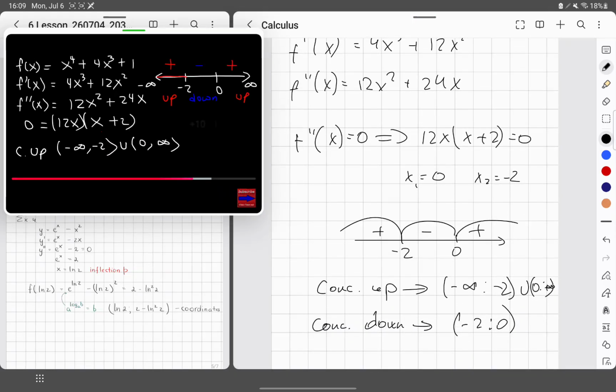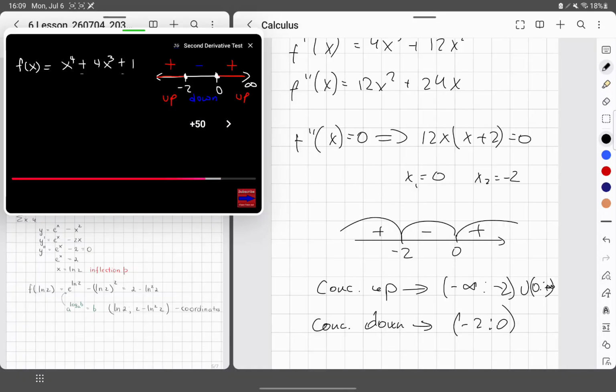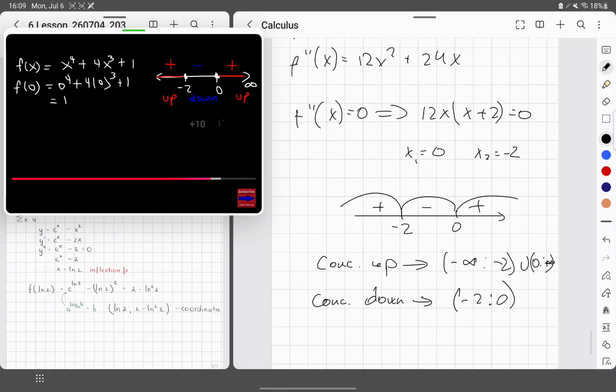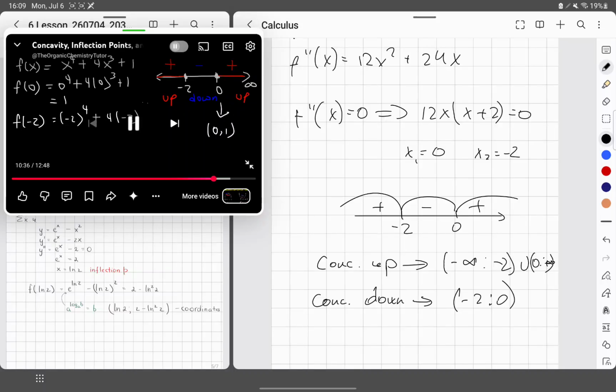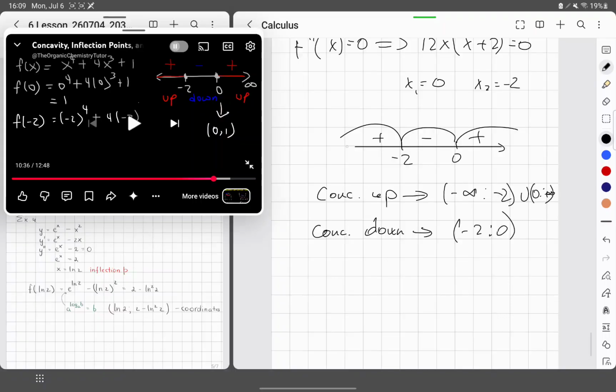Negative 2 is an inflection point. Up, down, up. Negative 2 to the 4th power is positive 16.